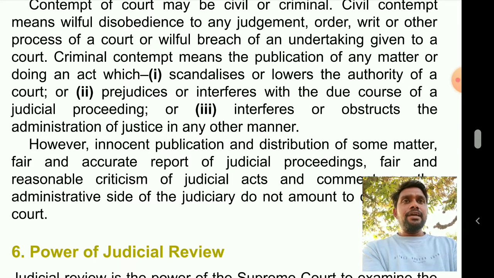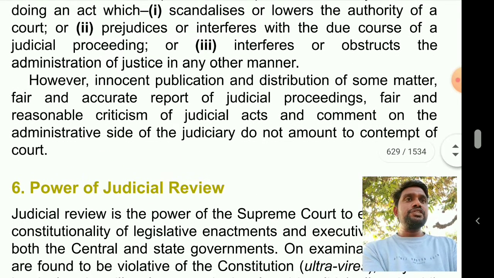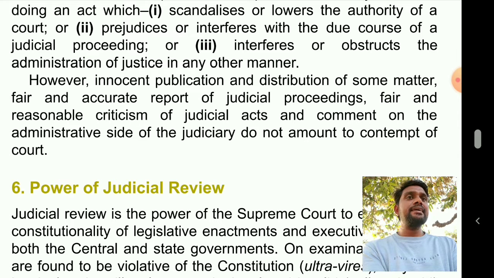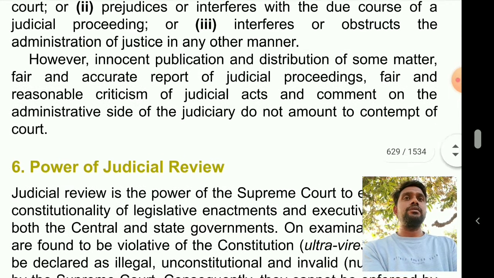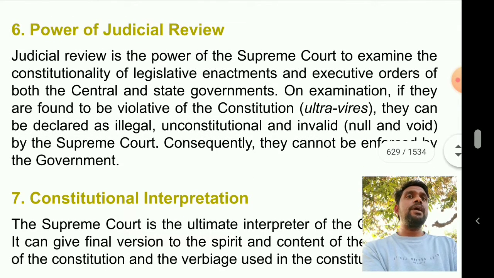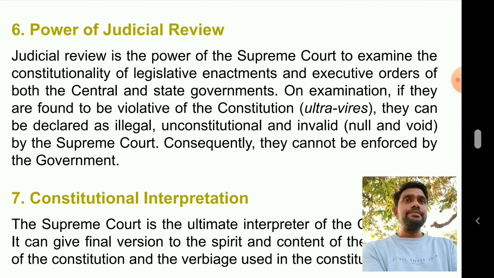However, innocent publication and distribution of some matter, fair and accurate report of judicial proceedings, fair and reasonable criticism of judicial acts, and comment on the administrative side of the judiciary do not amount to contempt of court. Next, sixth is power of judicial review.